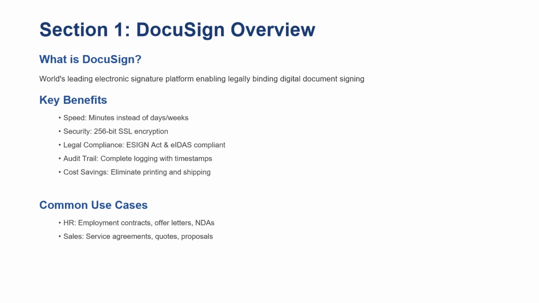In sales, DocuSign is often used for service agreements, proposals, and quotes. A sales representative can send a contract during a client call and get it signed in real time. In general, any workflow that requires approvals or signatures, such as legal agreements, vendor onboarding, or internal approvals, is a strong candidate for DocuSign.